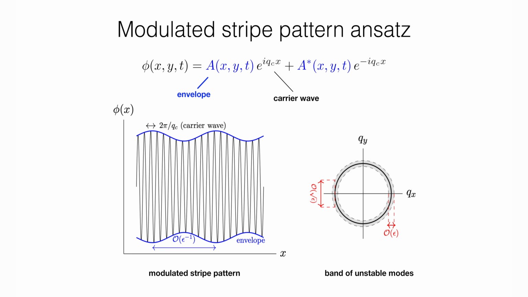I'm assuming that the bifurcation parameter is my bookkeeping parameter that scales like epsilon squared. Then this band of unstable modes, as we analyzed here, in the x direction scales like epsilon, and in the y direction it's broader, so it scales like the square root of epsilon.